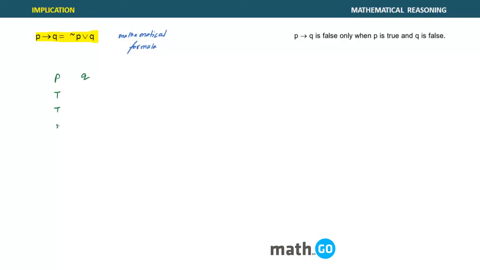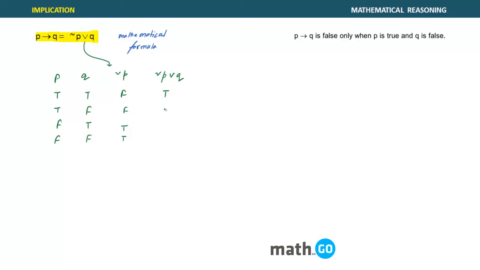So P, let's say, was this. I hope now you are comfortable with drawing the truth tables. So you want P implication Q. I have told you that this is the formula that you will be using: negation P, or Q. Negation P will be what? If T, then you will take OR with Q. If you take OR with Q, wherever true is there, it will return true.